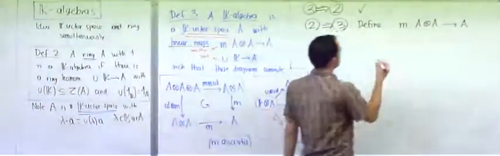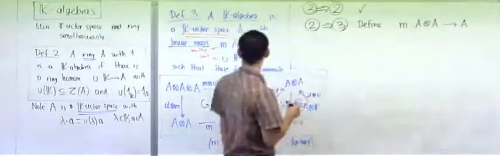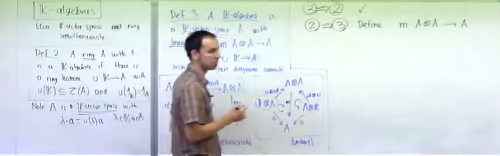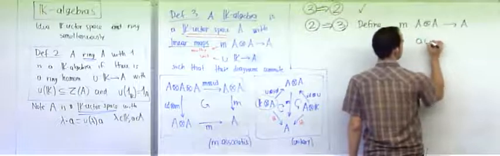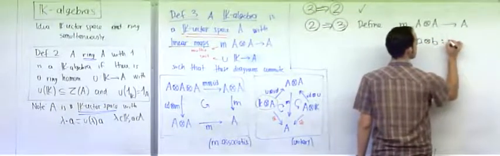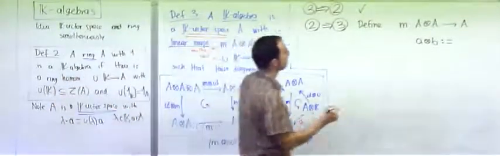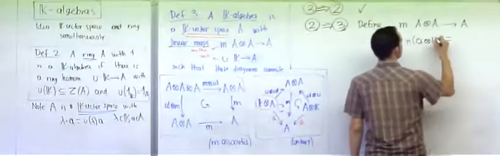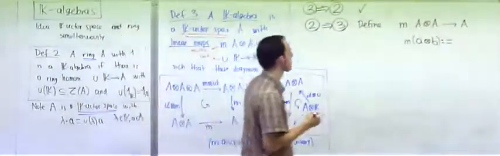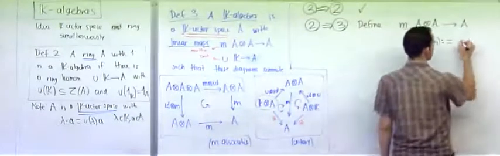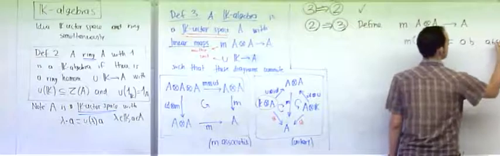How do I define M? Well, I would like to say that, again, it's enough to define it on generators, because this is supposed to be a linear map. So what should I define? A tensor B. Sorry, M of A tensor B should just be multiply A and B. Okay.